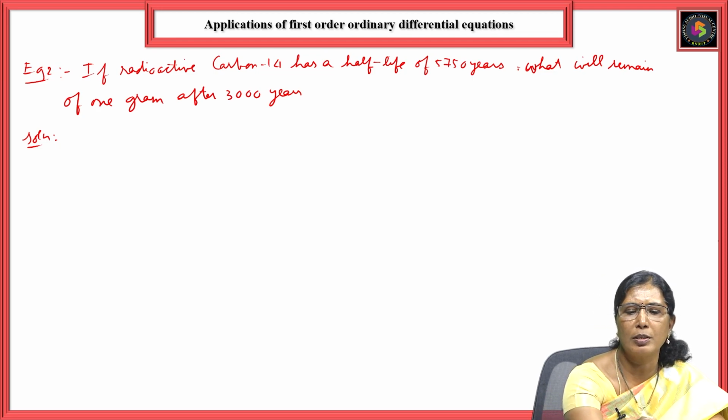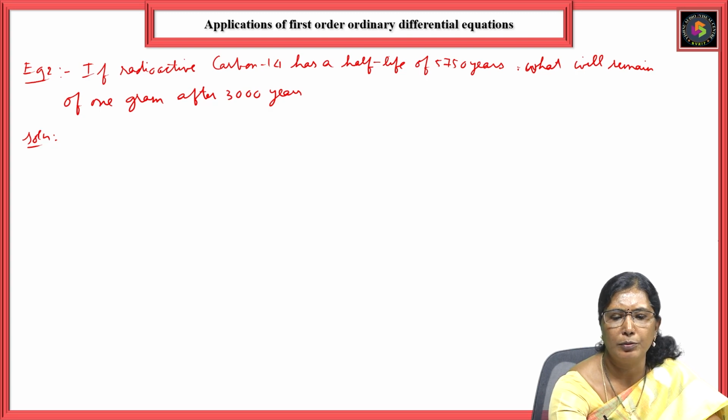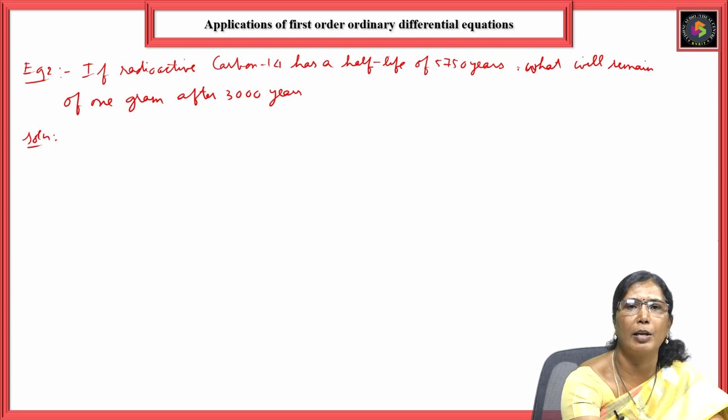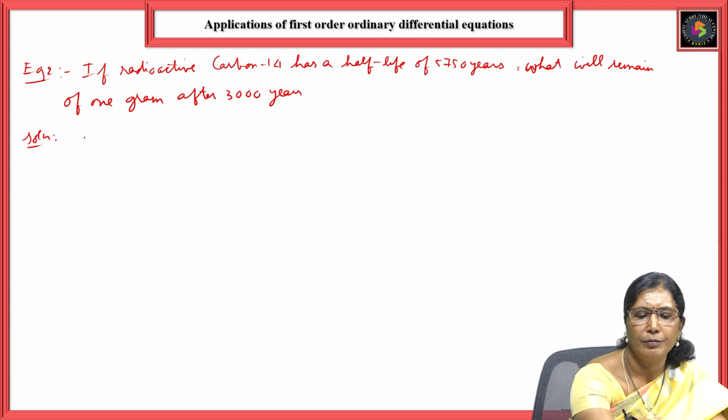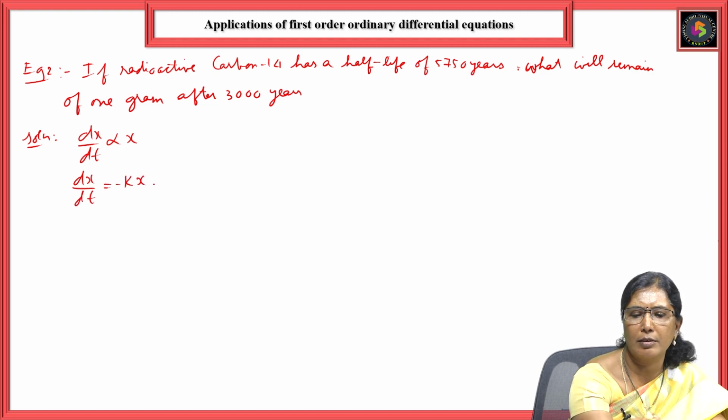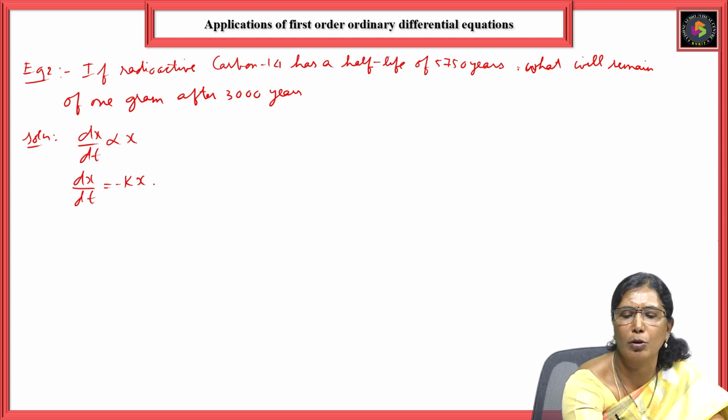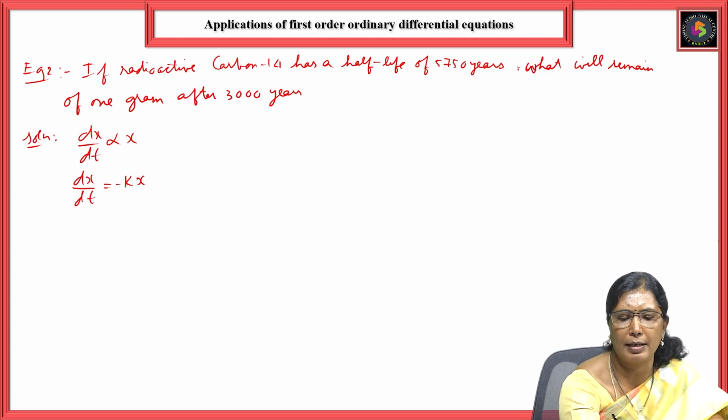Since it is a radioactive decay, we have to take the natural law of decay. So what is that? dx by dt is proportional to x. Since it is decay, dx by dt is equal to minus kx. We are taking the amount of radioactive carbon as x itself.